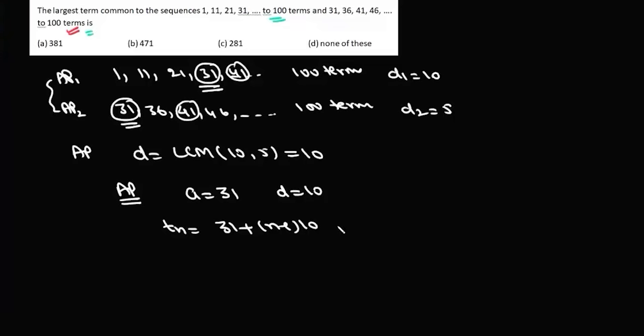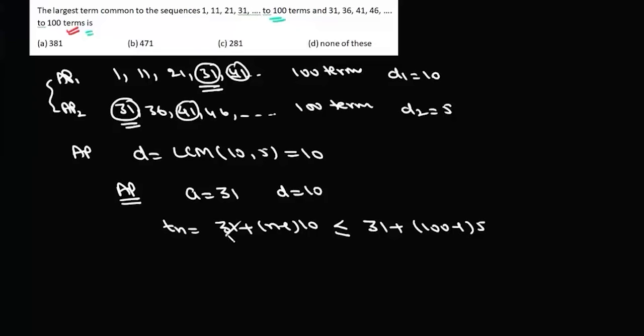So this Tn should be less than or equal to the last term of the second sequence, which is 31 plus (100 minus 1) into D, which is 5.